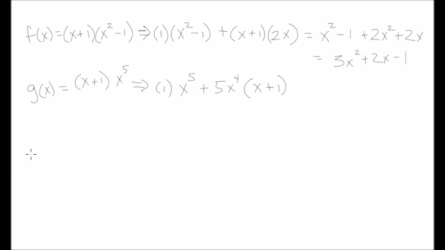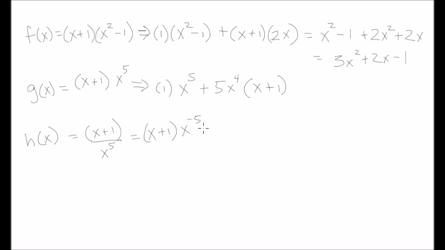Now, I want you to notice that if I had a negative power here, I could use the same rule. So let's say that I have h of x. If I instead had x plus 1 divided by x to the fifth, I can rewrite that to be x plus 1 times x to the negative fifth. So if I want to take its derivative, I can use the product rule here.